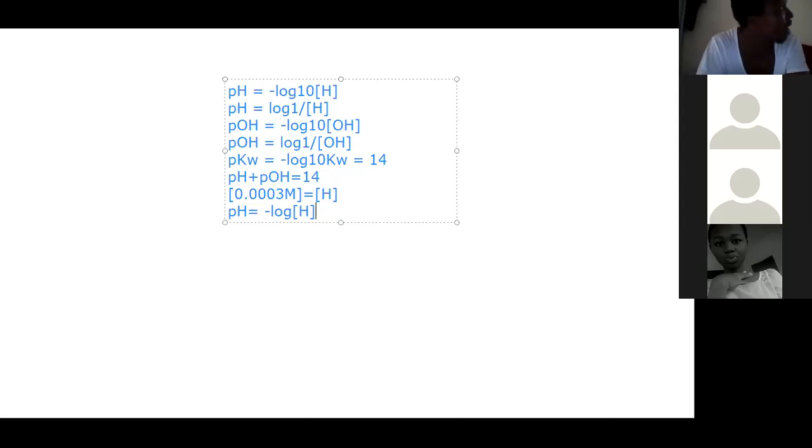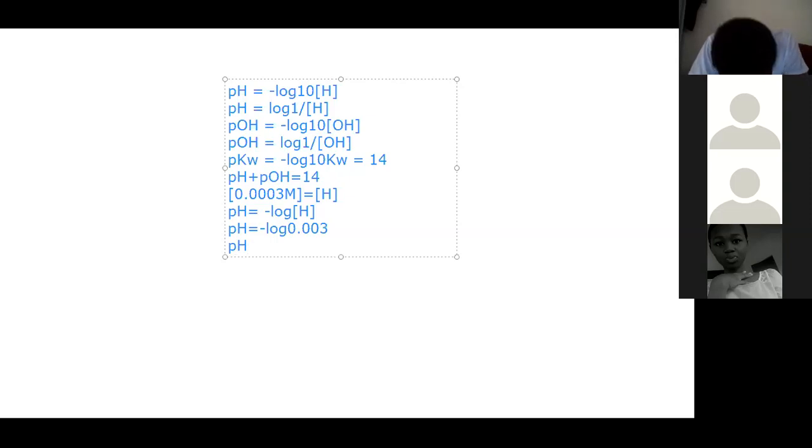So pH is equal to the negative log of the concentration, which is given as 0.0003. Use the calculator. What are we getting? 3.5229.